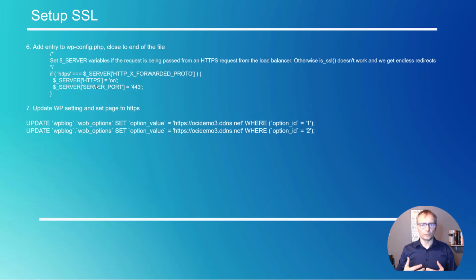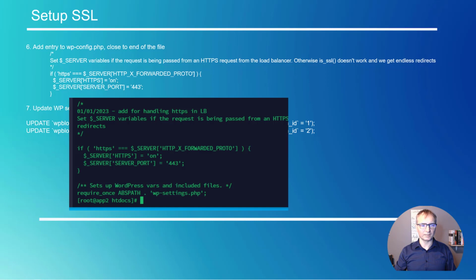To update this configuration, we're going to add to the wp-config.php this section where we define HTTPS equal to the server HTTP X forwarded proto, and this will tell WordPress how to handle the connection.